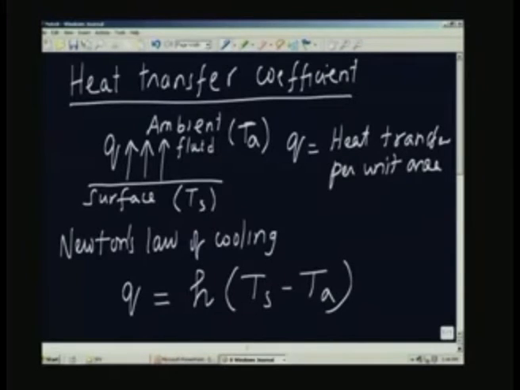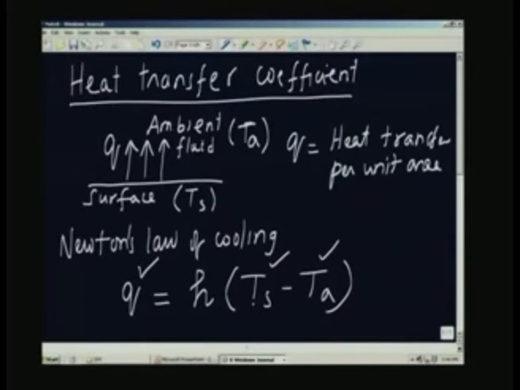So, immediately you see that H is a derived quantity. It requires the measurement of Q, the heat transfer per unit area, and it requires the temperatures Ts and Ta to be measured. So, I need to measure three quantities, Q, Ts and Ta, or Ts minus Ta can be directly measured, the temperature difference between the surface and the ambient. Then I can obtain H as the ratio of Q by Ts minus Ta.